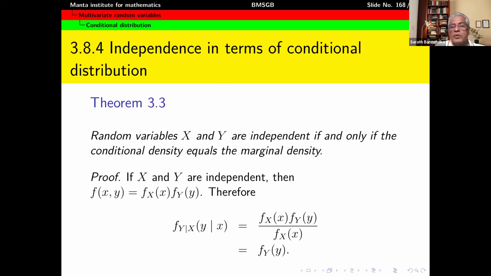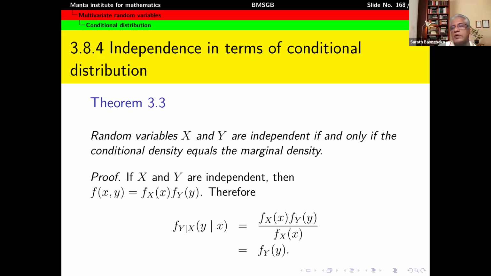Okay, I think that is a good point to stop this part of the lecture, and we will continue from there in the next lecture. In the next lecture, we will start with the definition of independence in terms of the conditional density and the marginal density. We already know one definition of the independence of two random variables x and y, expressed in terms of the joint probability density function or mass function and the corresponding marginals, right?